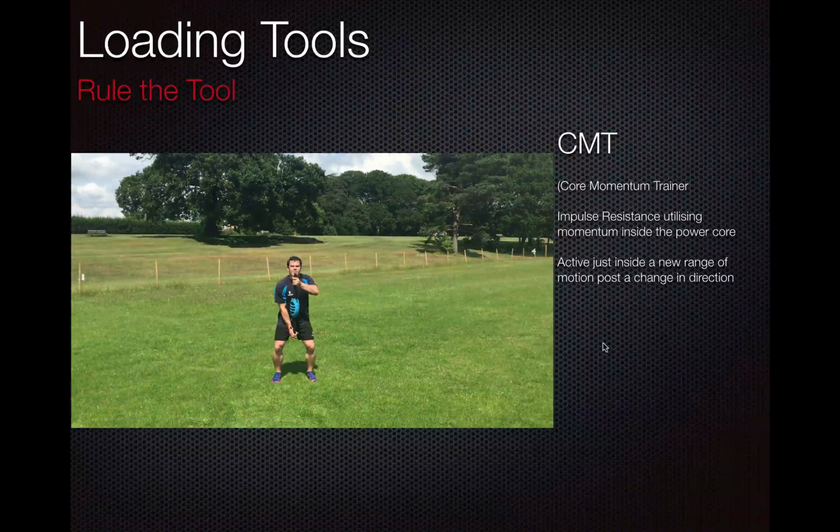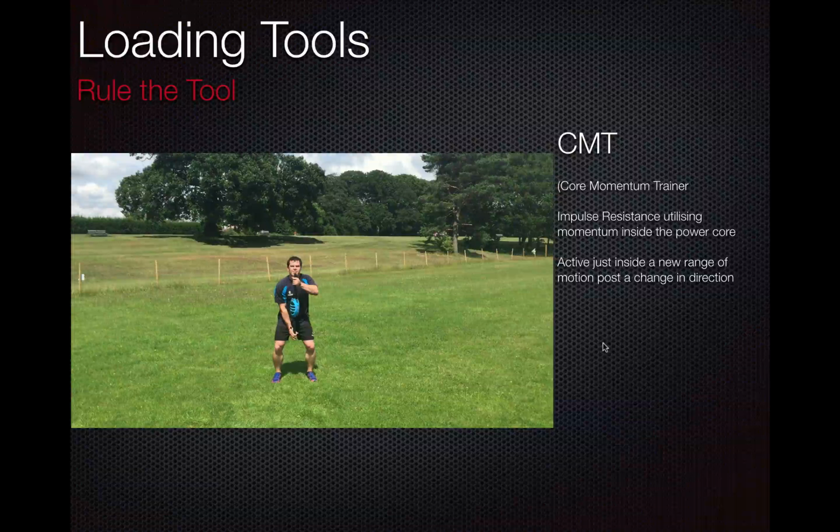We have the CMT. The CMT is a real love or hate kind of training tool. It's a strange thing because all it actually does is provide an impulse of resistance that's quite high compared to the weight that's inside the container. The only thing I can see that comes close to this is if somebody threw a medicine ball and you palmed it away.